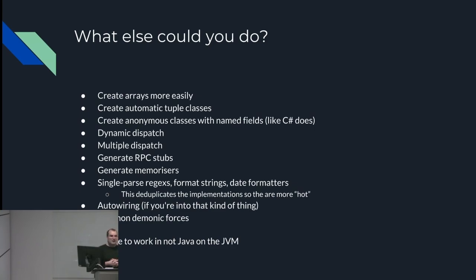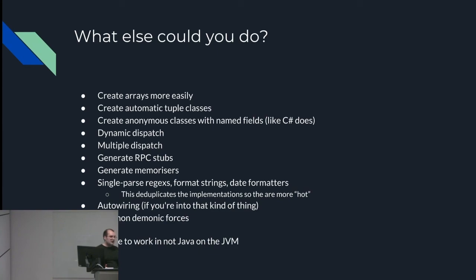You can do dynamic dispatch. So in Java, the dispatch overload resolution happens at compile time, right? If you give me something that is object, and there's a bunch of methods, there's foo int, foo long, foo string, foo object, the compiler says, okay, I have to call foo object.